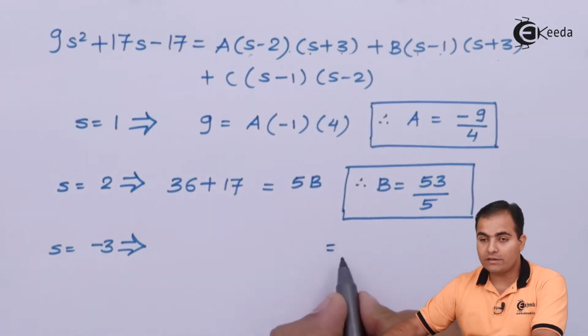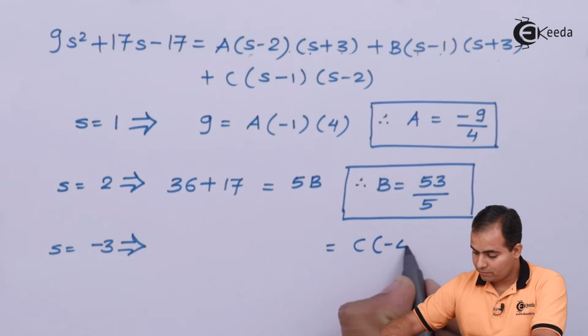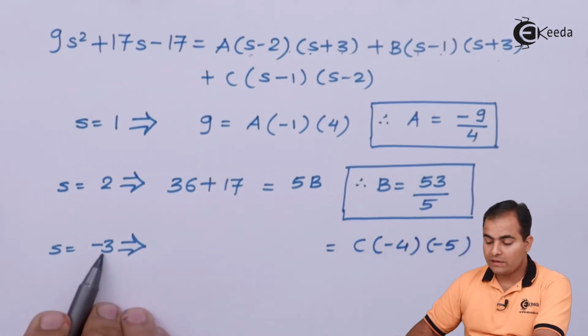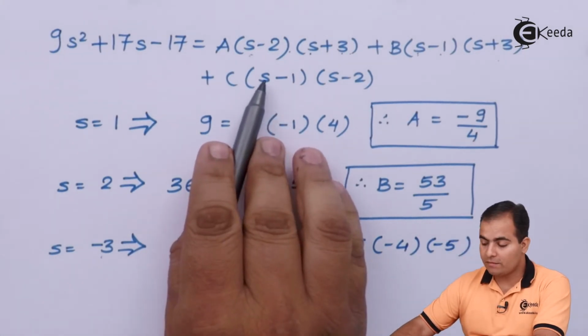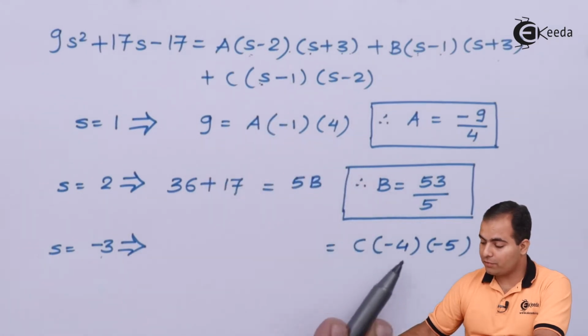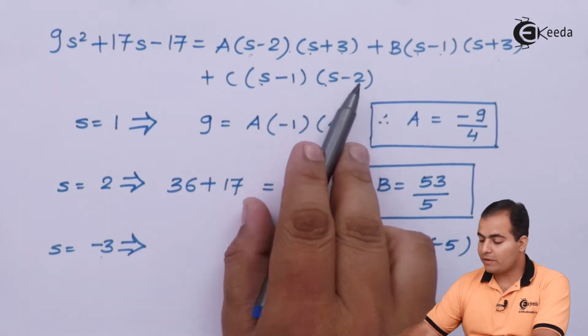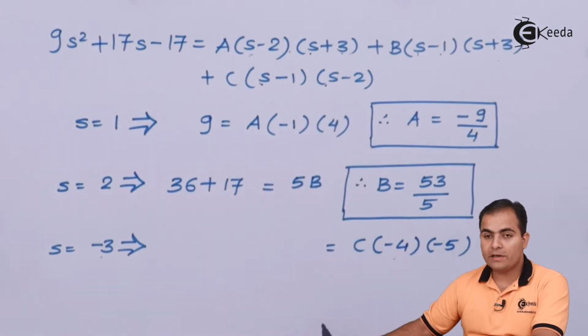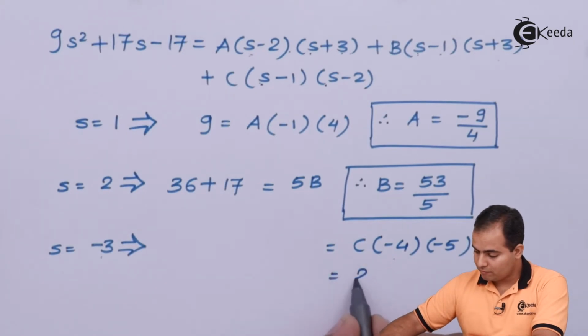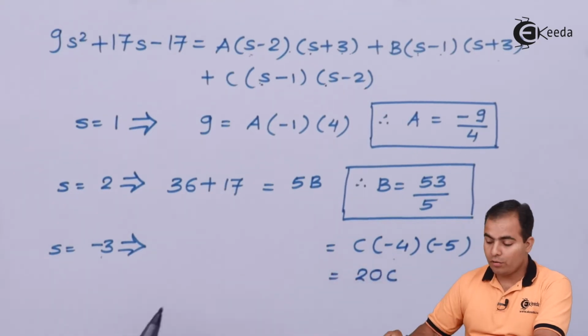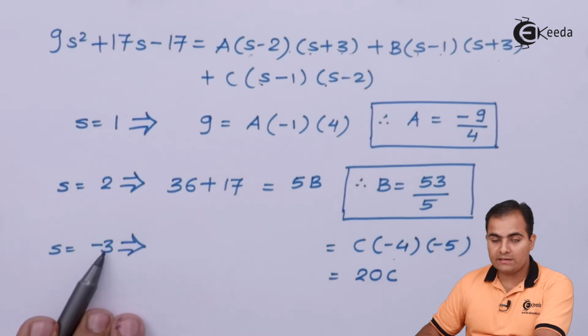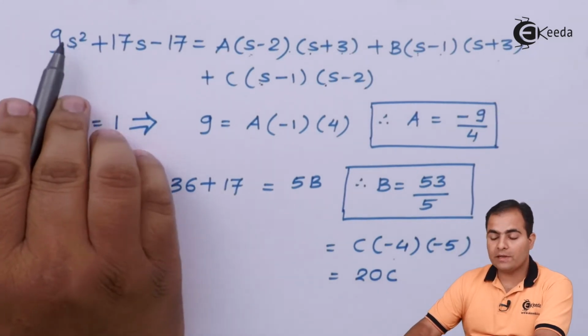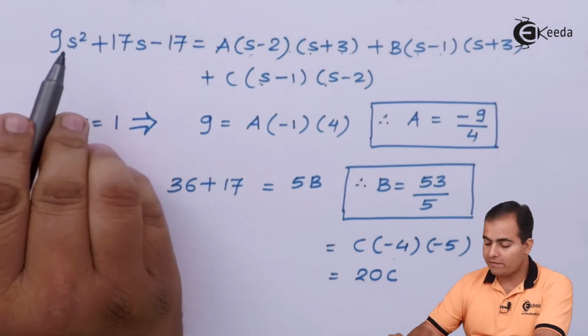So on the right hand side, if s is replaced by minus 3, then minus 3 minus 1 becomes minus 4, and minus 3 minus 2 becomes minus 5. So the total result becomes 20c. But look here on the left hand side: minus 3 square becomes plus 9, and 9 into 9 becomes 81.